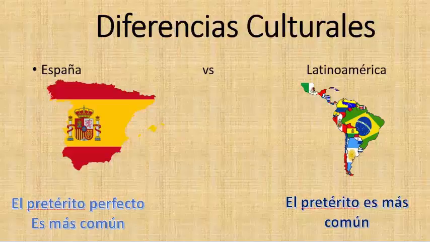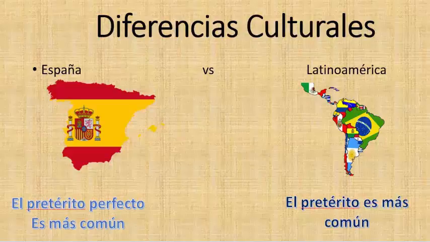Basically, the pretérito perfecto is much more common in Spain, except for the Canary Islands, than it is in Latin America. So, in Latin America, it is much more common to use just a regular pretérito, and in Spain, it's much more common to use a pretérito perfecto when I'm wanting to express myself in the past with this connection to the present.